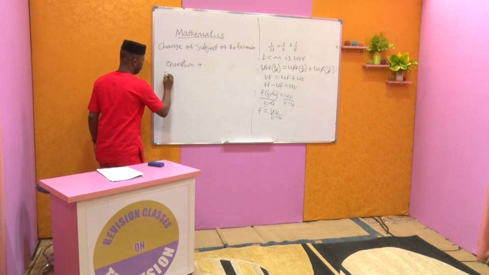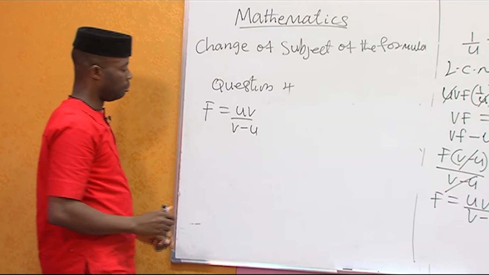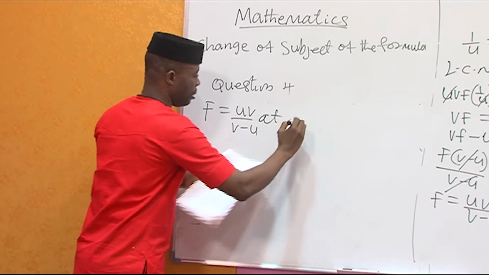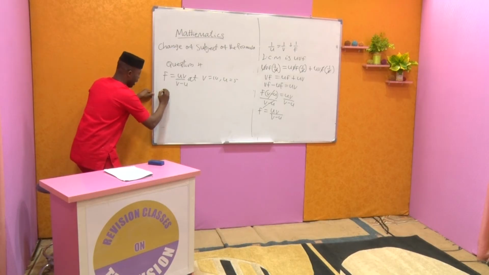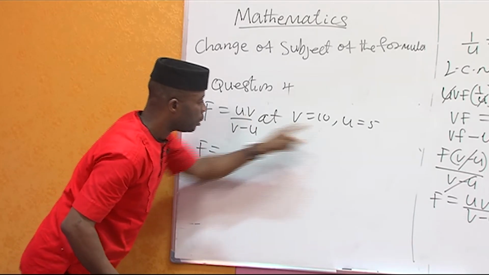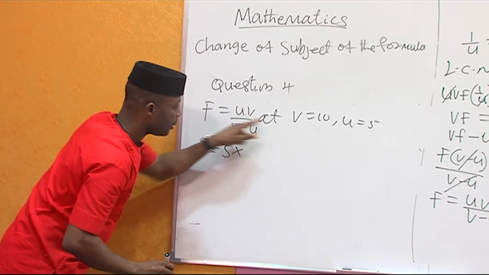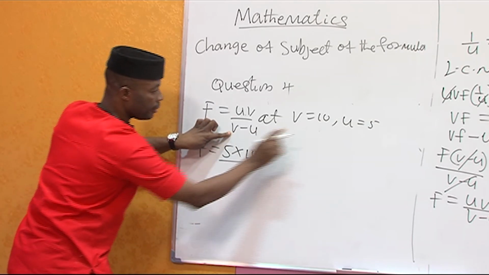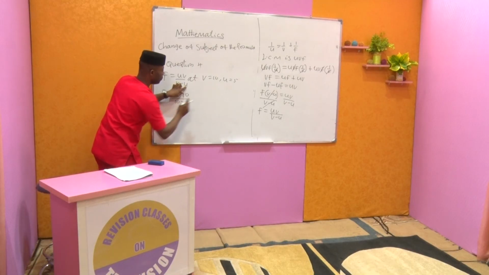F is equals to UV over V minus U. F is equals to U, which is 5, times V, which is 10, all divided by V, which is 10, minus U, which is 5.